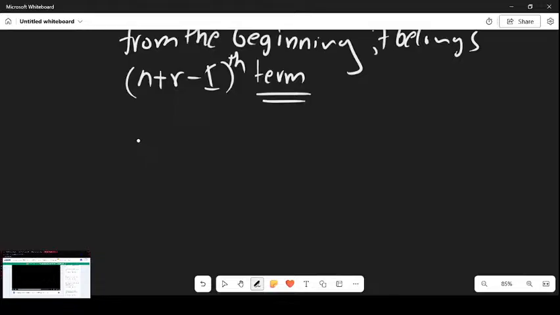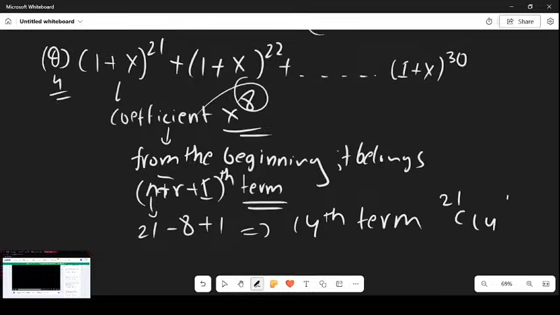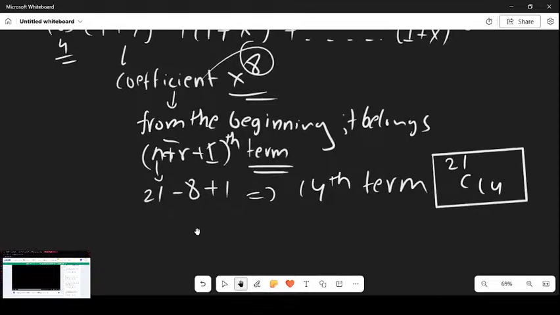Here, for the first scenario, we have n as 21. Actually, yeah, no, it's correct. Minus plus 1, which is 7, and we will get it as 14th term. So basically 20C14. We have to add them. It doesn't matter. It's a very easy question. 22 minus, we will get it as 15th term.